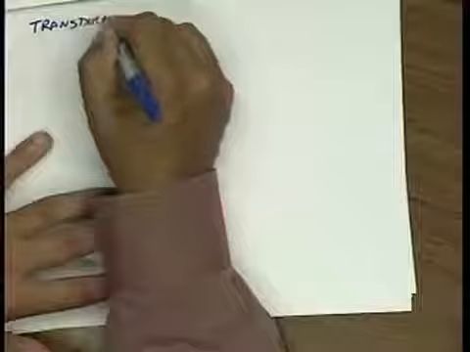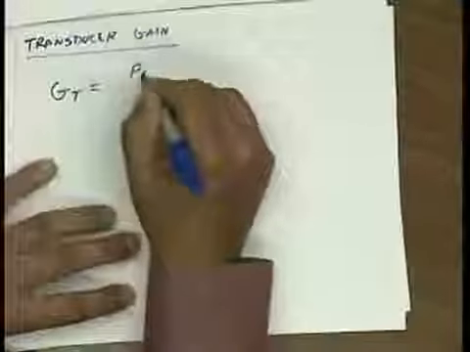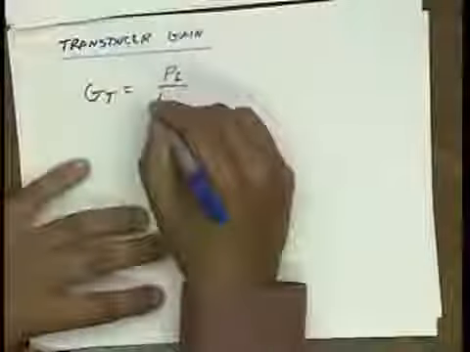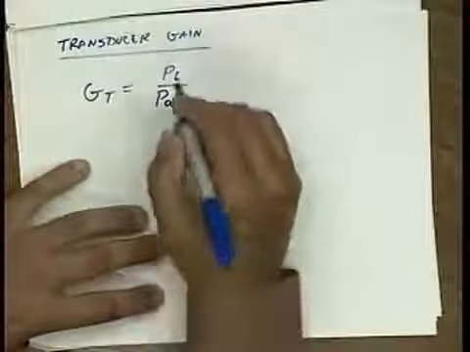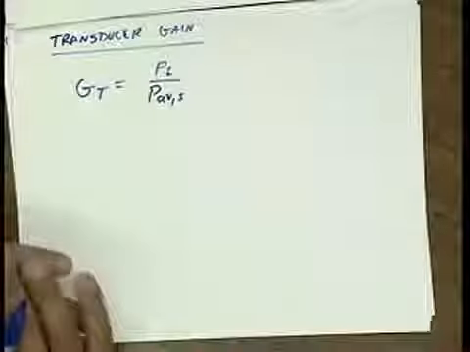So now let's calculate the transducer gain. So the transducer gain, remember, is the power that goes to the load divided by how much power is available from our source. And in case you guys are getting sleepy at this point, this stuff is actually useful.